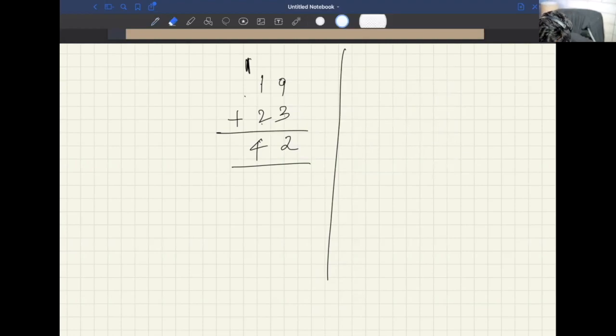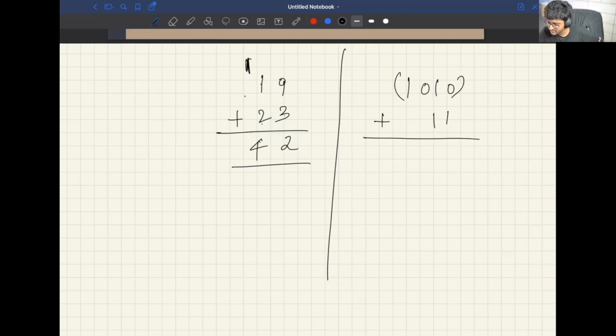Let me take something a bit simpler. Let's take binary only. So for example, simple binary number, let's say 10 plus another simple, let's say 3. 10 plus 3. This is in binary format, okay? In order to make things simpler.